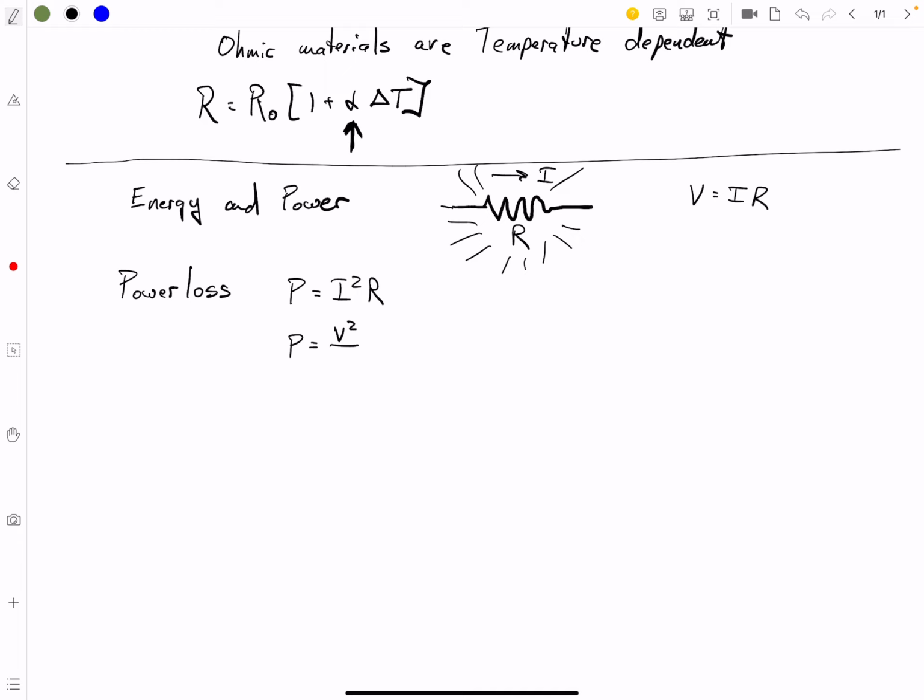And this might be, again, power loss, but you have to be careful. Here's my advice to you guys. Only use this one for power loss, okay? Because you're going to mess up if you start using some of the other ones. You go specifically to the resistor. Maybe there's 4 or 5 resistors in the system, and this is resistor number 4. You're going to just say, what is the current through number 4? I'm going to square that current, I'm going to multiply by R4.